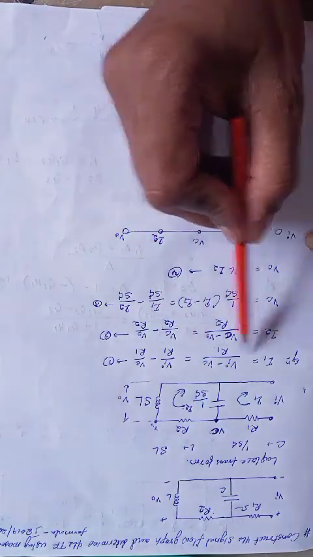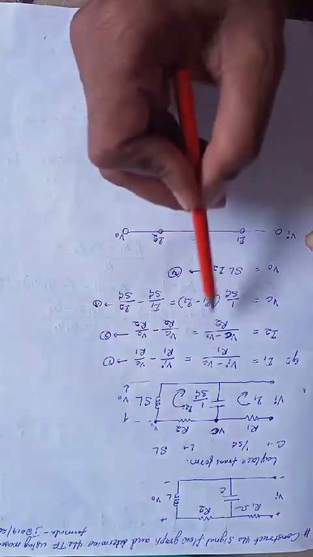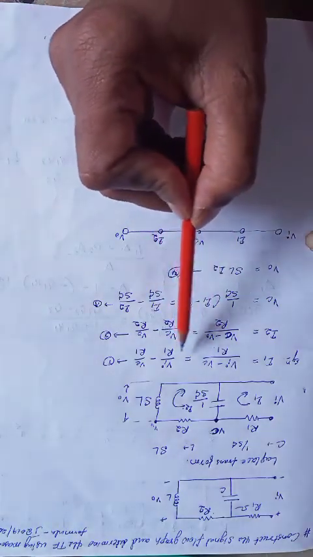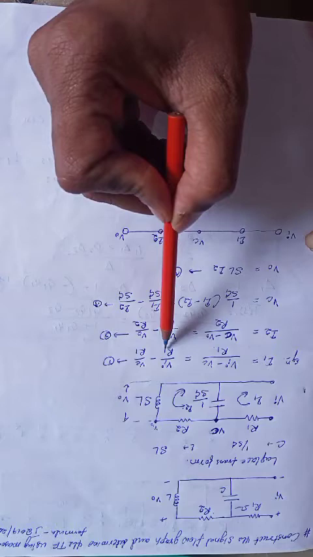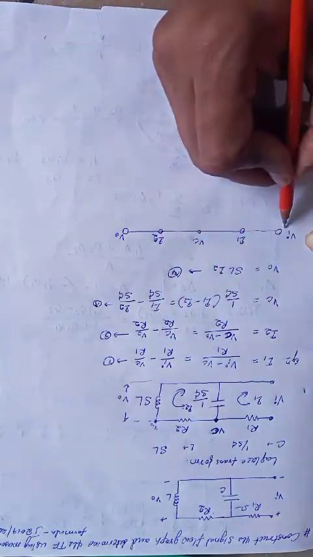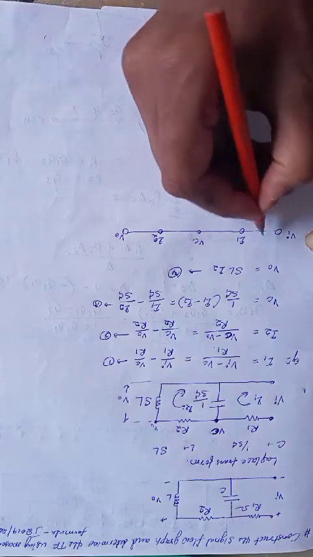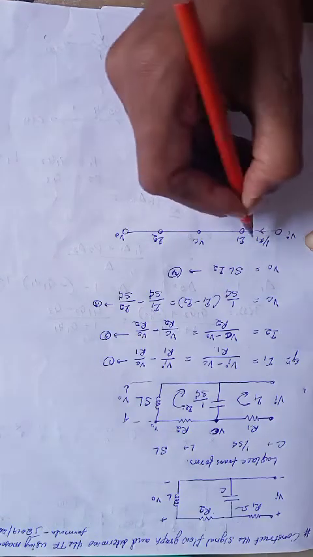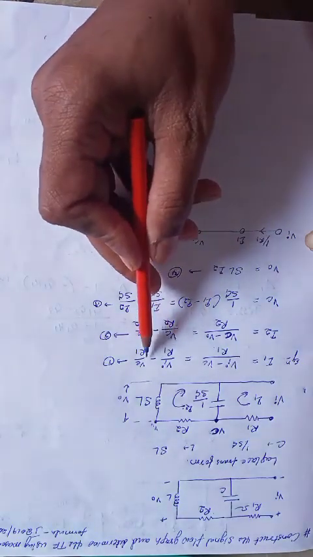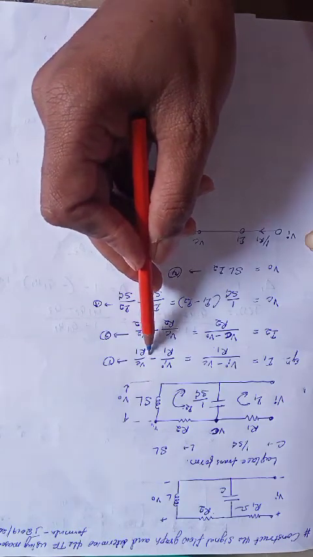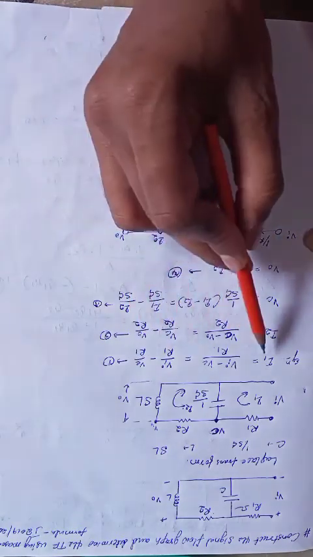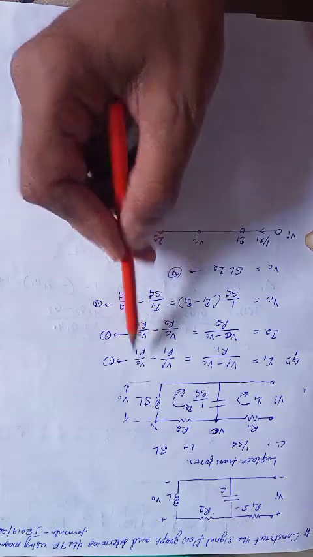Now from equation 1, you see the incoming to I1 is Vi by R1. From the input, the signal comes to this with plus sign, 1 by R1. Write like this, 1 by R1. A minus sign is there: it is coming to I1 from Vc.